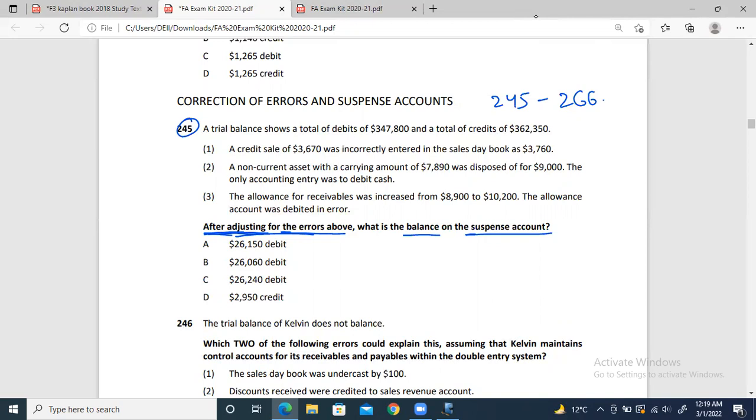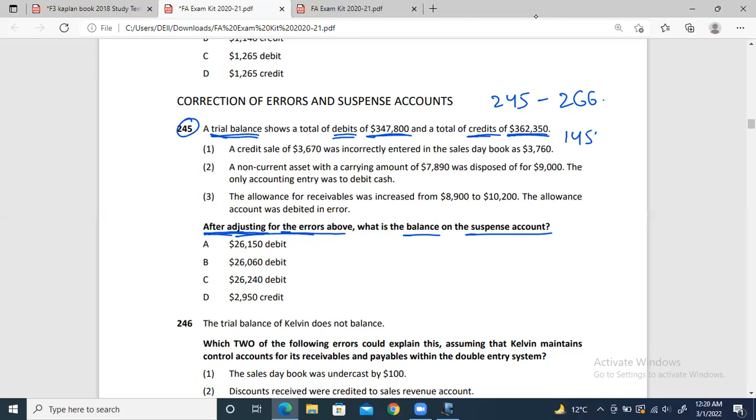First of all, the trial balance shows debits of 347,800 and credits of 362,350. We need to find the difference between them, because if there is a difference, clearly there is a need for a suspense account. So 362,350 minus 347,800 is 14,550.